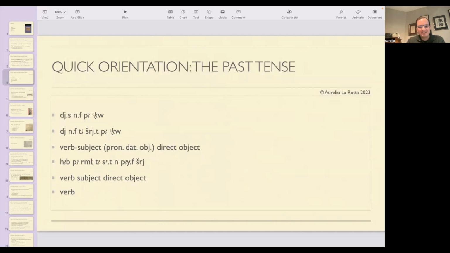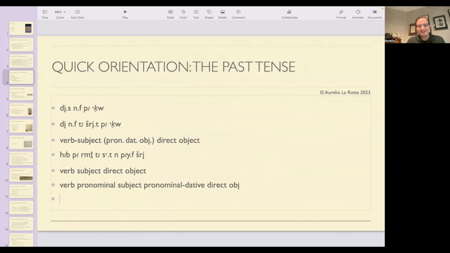If the subject is a pronoun, it's verb, subject, pronominal dative and then direct object. And if the subject is a noun, then it becomes verb, pronominal dative, subject, direct object.